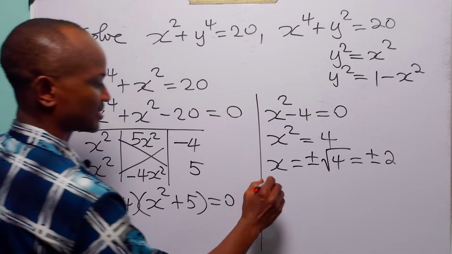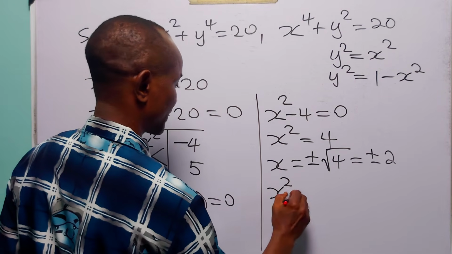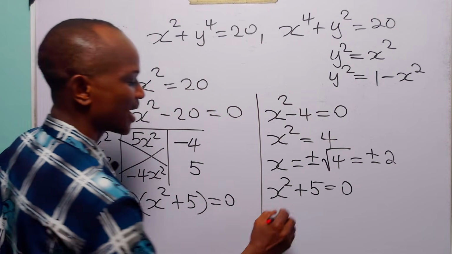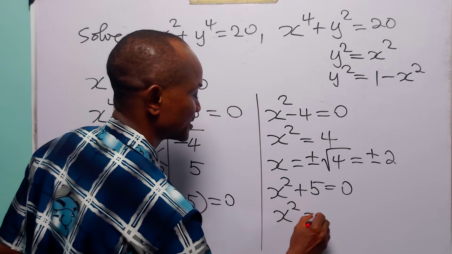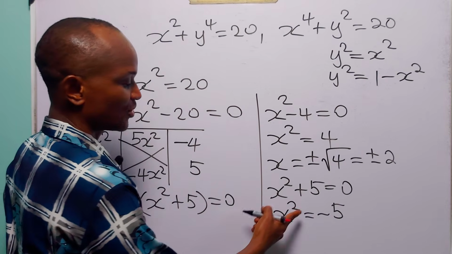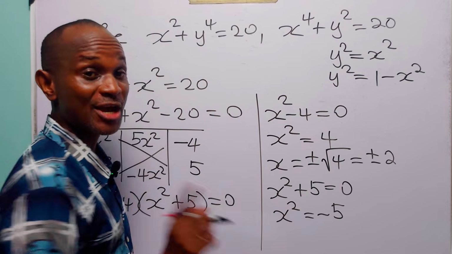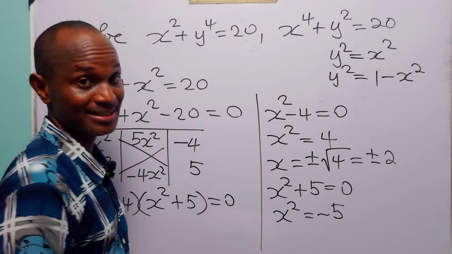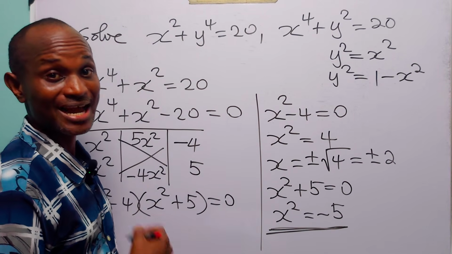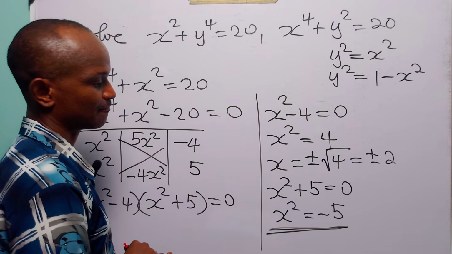Or we have that x squared plus 5 is equal to 0, from where x squared is equal to minus 5. And of course, you know that the square of a real number cannot be negative. So this equation is only going to yield imaginary values of x.